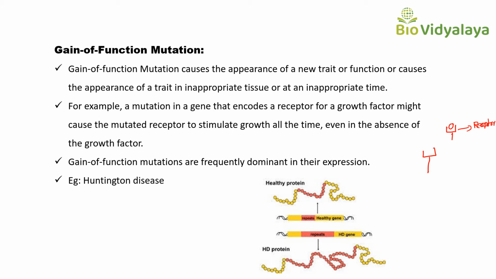Gain of function mutations are frequently dominant in their expression. They are dominant mutations. We know that an oncogene will cause cancer. Activation of this gene product will increase the cancer risk.